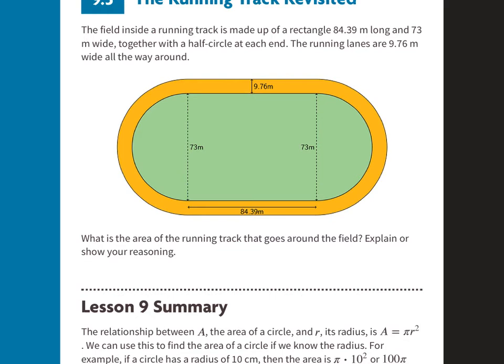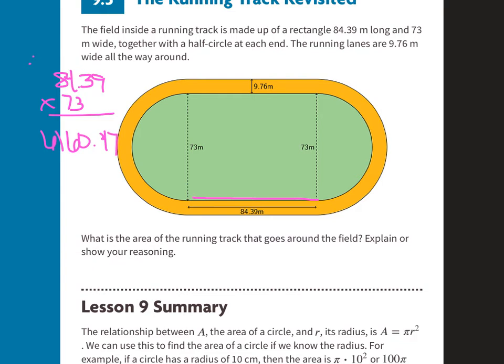So to find the area here, I'm just going to go 84.39 times 73. So 84.39 times 73 is 6,160.47. Okay, so that's the rectangle in the middle.